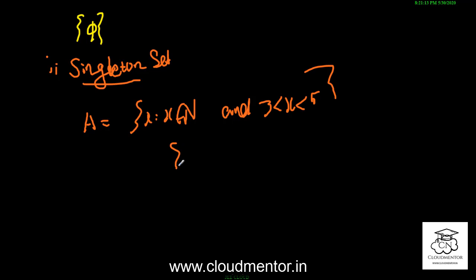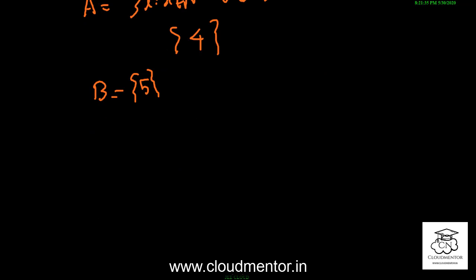We know that that is the set {4}, right? It has only one element, so it can be called a singleton set. It must contain only one element. And for another example, the set {5} is simply a singleton set.